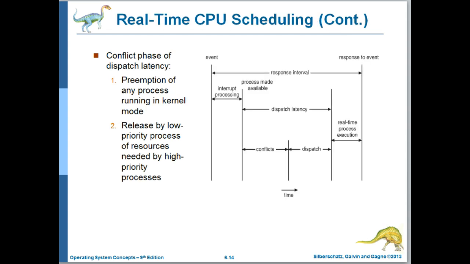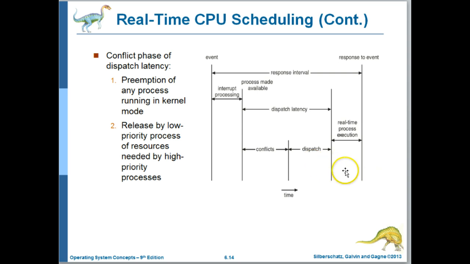Okay, this timeline illustrates an event occurring and the completion of the event process. So the event occurs, some amount of time is required for interrupt processing. Then we have to free up all the resources needed by the process and then perform the context switch to the process.